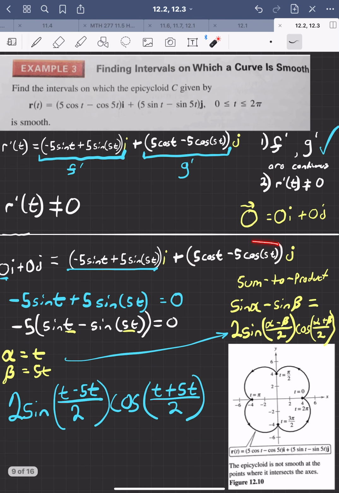Now, I would have to do the same thing that I just did for cosine. I would have to go through the exact same sum to product formulas that I did with cosine, and then figure out which angles they have in common, right?